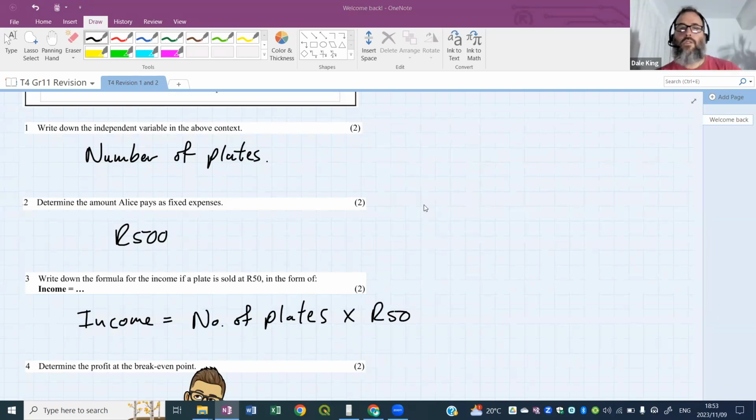Maybe some of you might have thought of a variable, N, or maybe P for plates. The words could be a variable like N, or you could put a P. If you put a P there, that's fine as well. But this is the best way to write it out: number of plates times 50 Rand. Very good.